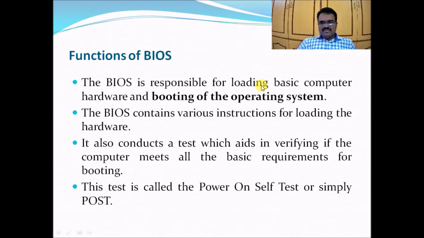When we switch on the computer, the first program that starts executing is called the BIOS. The BIOS contains a series of instructions. It is responsible for checking all the hardware inside the computer, and it is also responsible for loading the operating system, finding where the operating system is located.